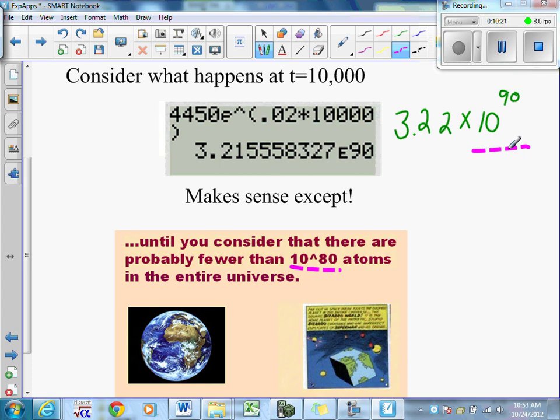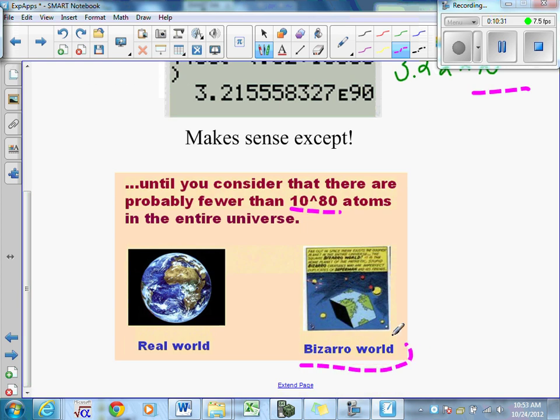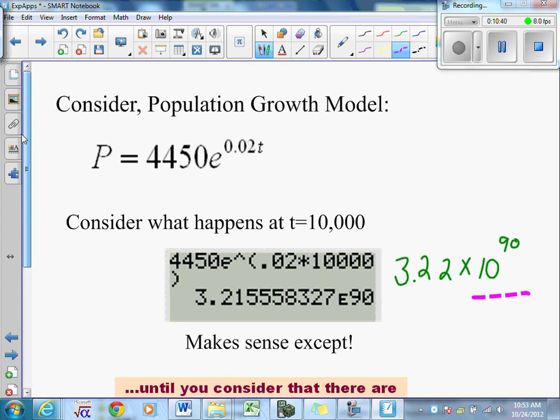So how can our population grow to something that's bigger than all the atoms in the known universe? It's not possible. It says here, some bizarro world where things are all totally out of whack. Doesn't make sense. That's the problem with our exponential growth. It doesn't grow forever.